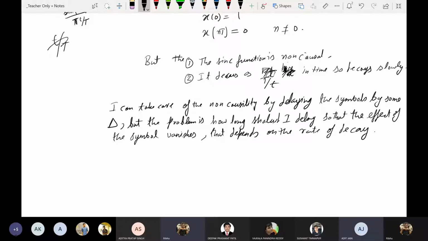Yes, sir. So the faster this decay is, the better.